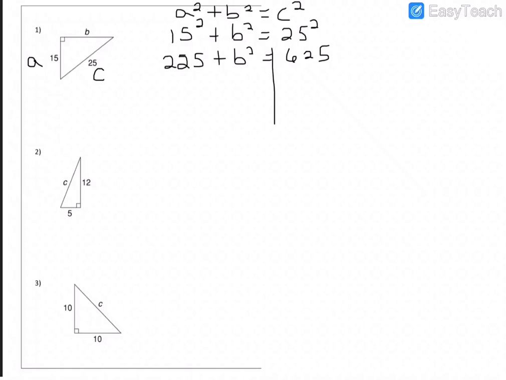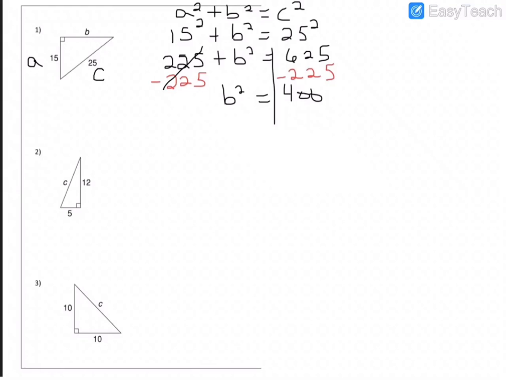To solve this problem, I need to get the B squared by itself, because ultimately I want to find what just B is. So I need to subtract 225 from both sides. I get B squared equals 400.